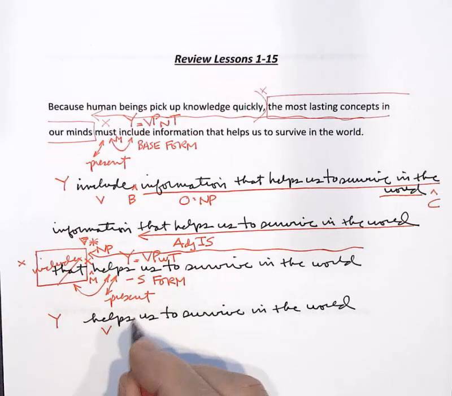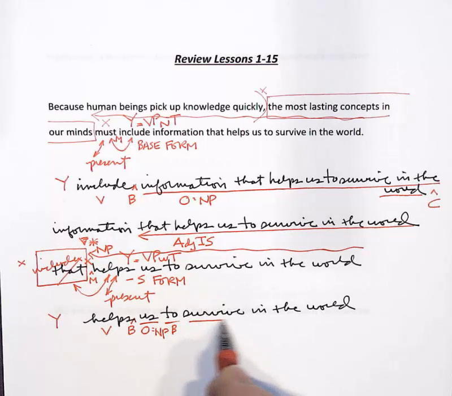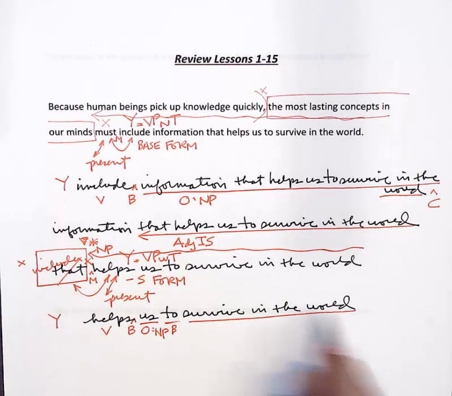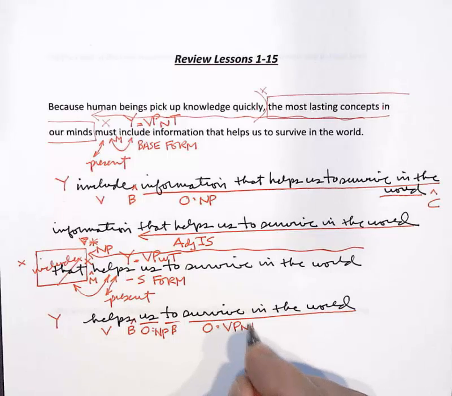Helps is the verb. The particle place is empty. Now us is an object. It's a noun phrase. And to is the particle. Survive in the world is a second object, and this is a verb phrase, no time.